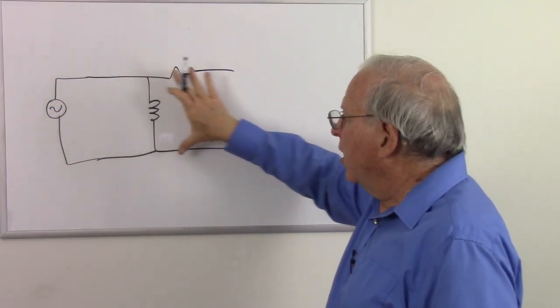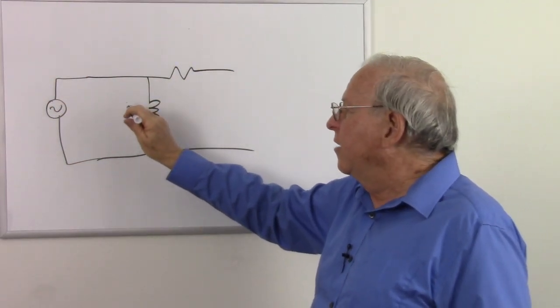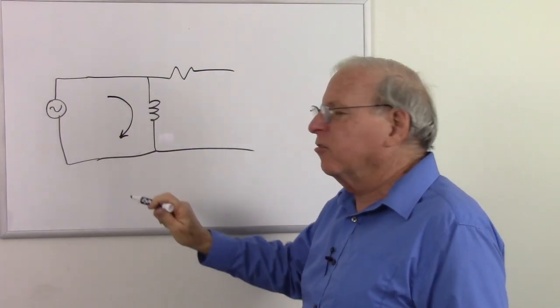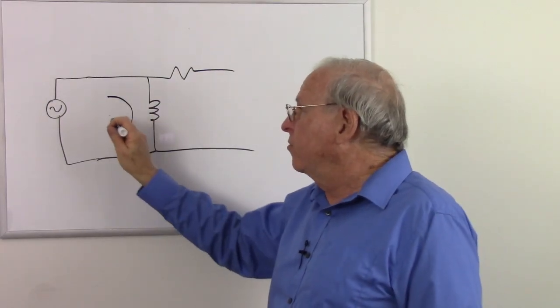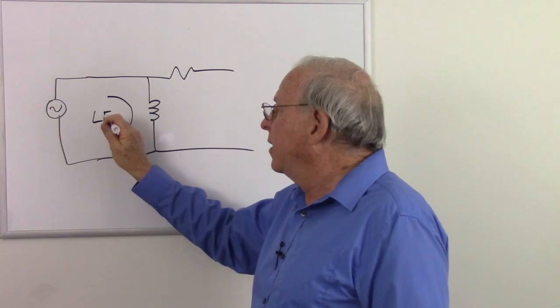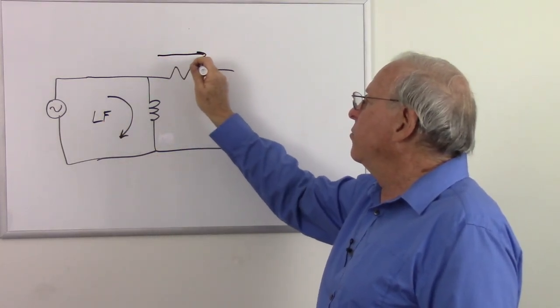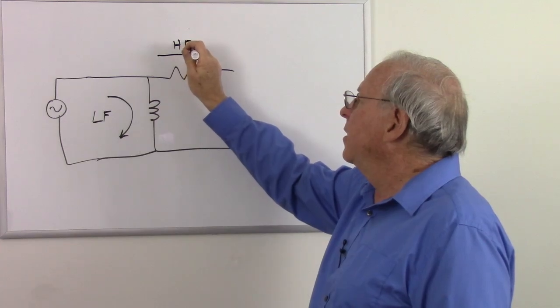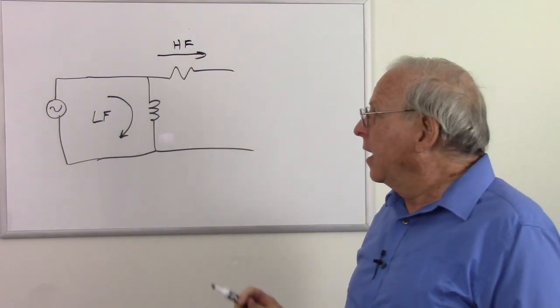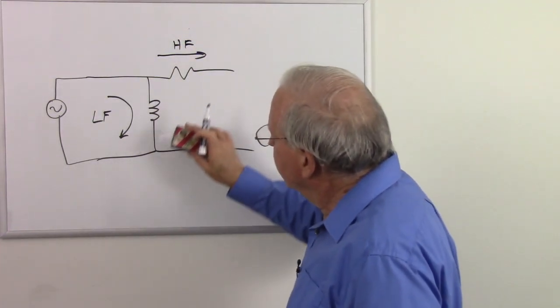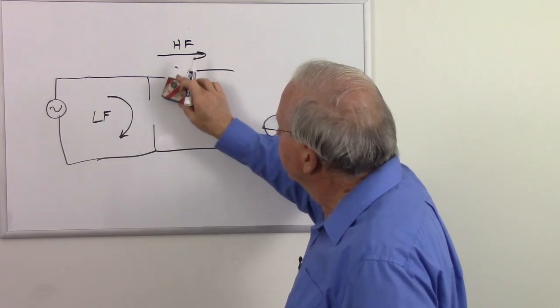The signal is going across the inductor. The inductor likes to pass what? High frequencies or low frequencies? Low frequencies go through the inductor. So if the low frequencies are being shunted down, the high frequencies go there.